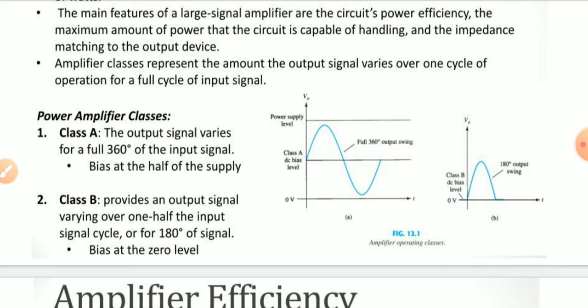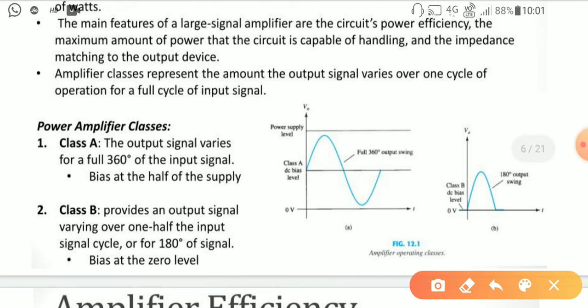That is the class A type of amplifier. This is the first one where the output signal varies for a full 360 degrees of input signal. You just concentrate your mind on this point, that the full 360 degrees of the input signal will appear at the output side also, and that time the bias or Q point you should put at the half position of the supply.